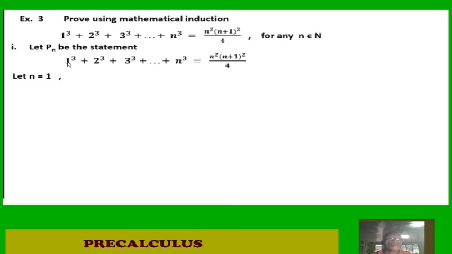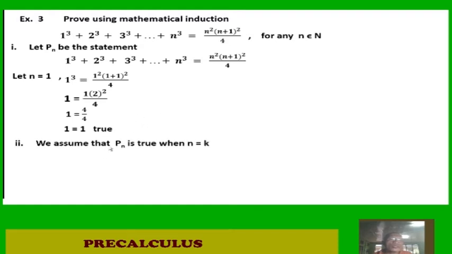So we bring this down, 1 cube, and the right side with n replaced with 1. Simplify. 1 plus 1 is 2 square. 1 square is 1. Then 2 square is 4 over 4. Then 1 equals 1, which is true.